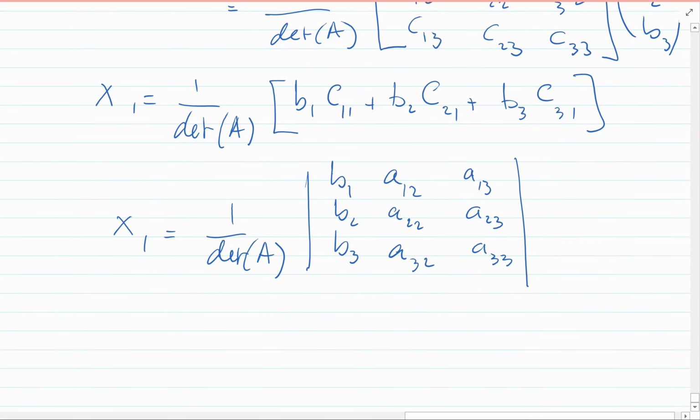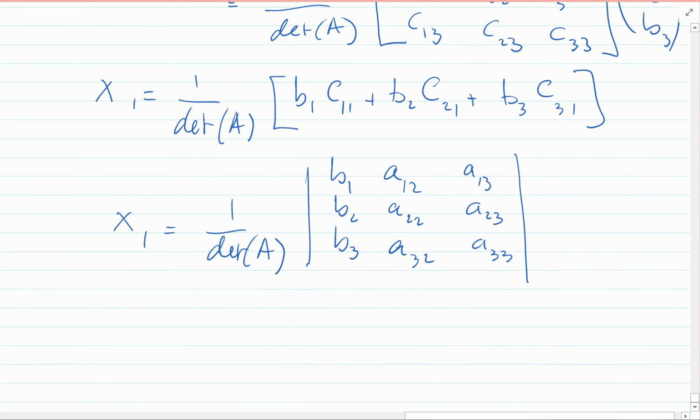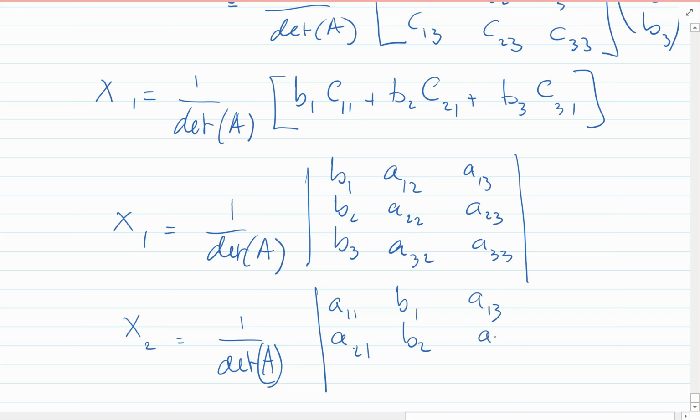And the same for x2. x2 is going to be 1 over determinant of A, but this time we take the matrix A and replace the second column. So it's going to be A11, B1, A13, A21, B2, A23, and A31, B3, A33.